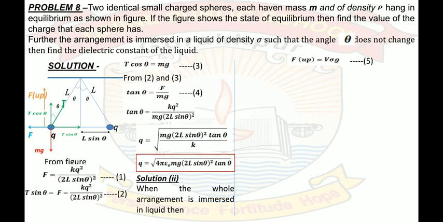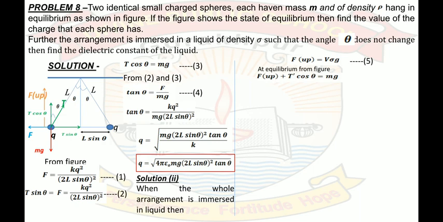Now at equilibrium, see what the forces acting upward are. It is F upthrust plus T cos theta, but T is changing, so I am putting T dash cos theta. The force which is downward is mg, which will not change. So at equilibrium we have F upthrust plus T dash cos theta is equal to mg.